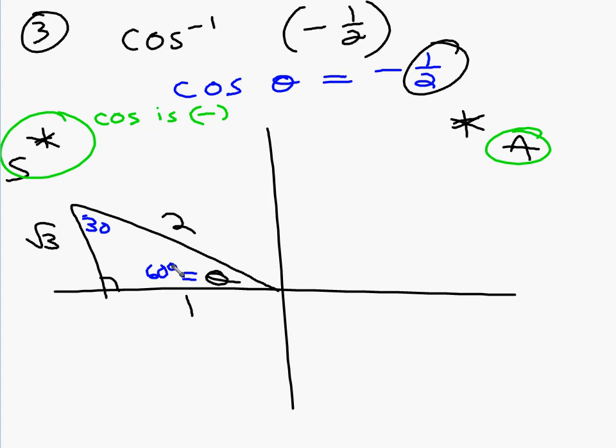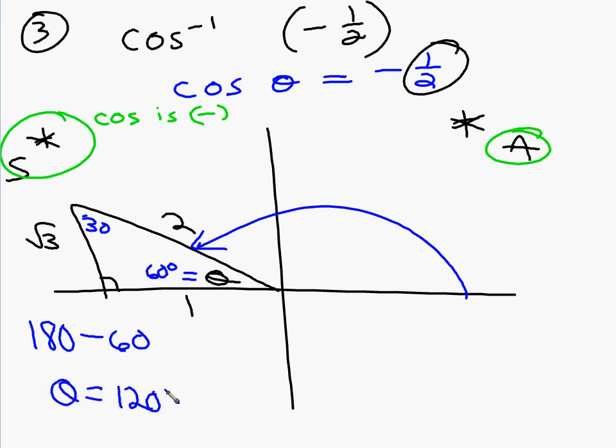This is where we have to use the reference angle because technically the angle is this one. So do you remember finding the reference angle in quadrant 2? We just do 180 minus 60. So the angle that we really want, theta, is 120 degrees. We just used the triangle to find out which one it is. All right? It's the cosine.